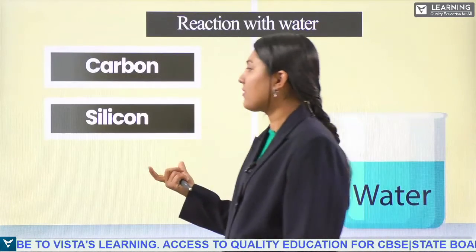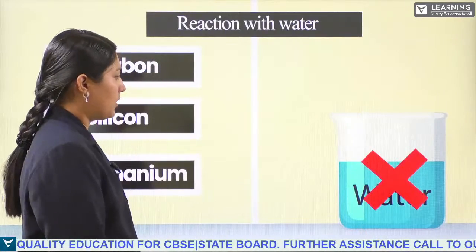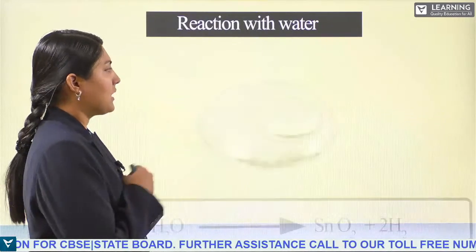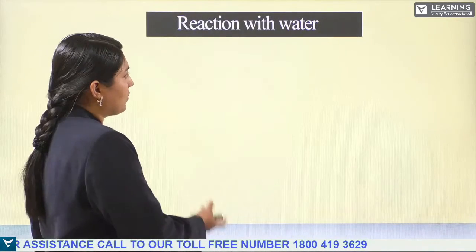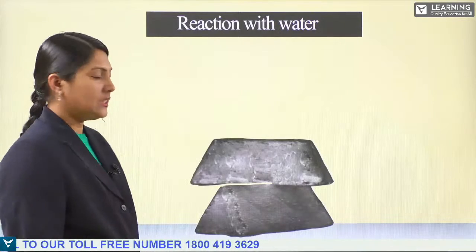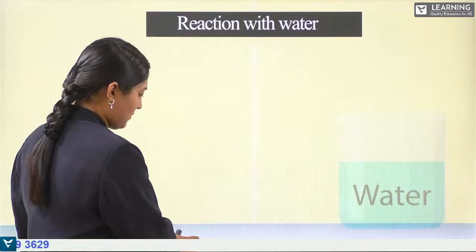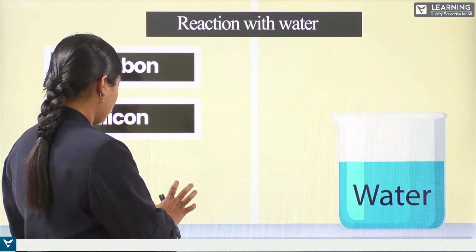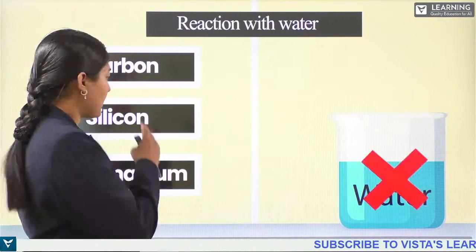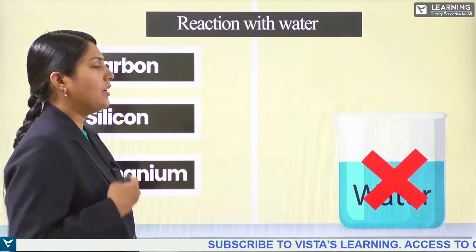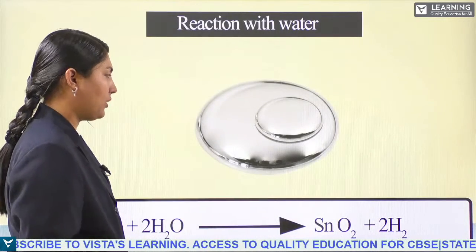So here we have carbon, silicon and germanium which do not react with water. You need to remember this, students. They will not react with water, whereas tin reacts with water to form oxide of tin and gives out hydrogen gas.